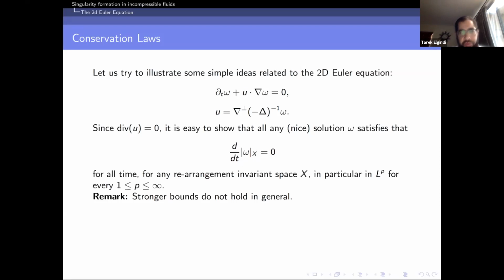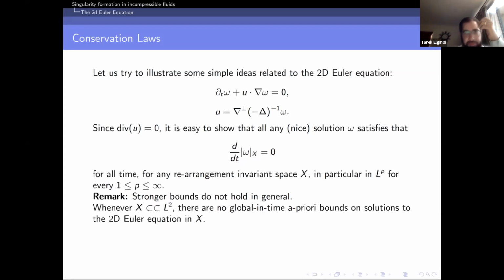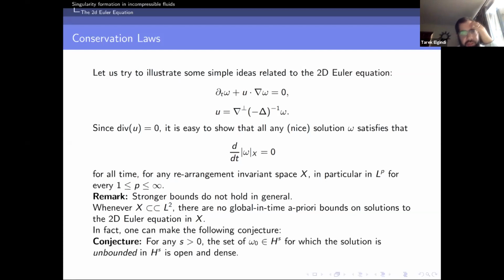Stronger bounds do not hold in general. It's a nice exercise to check that if X is any space compactly embedded in L2, then you cannot prove any global a priori bound, in the sense that you could construct a solution which starts very small in X and at a later time becomes arbitrarily large.